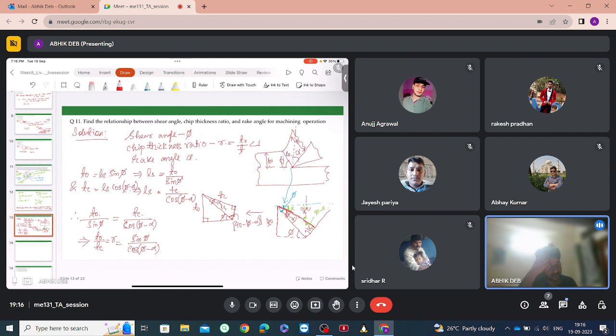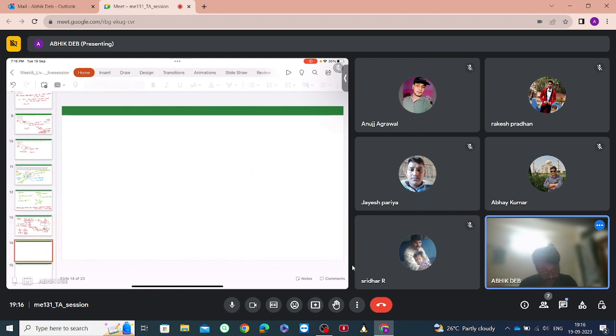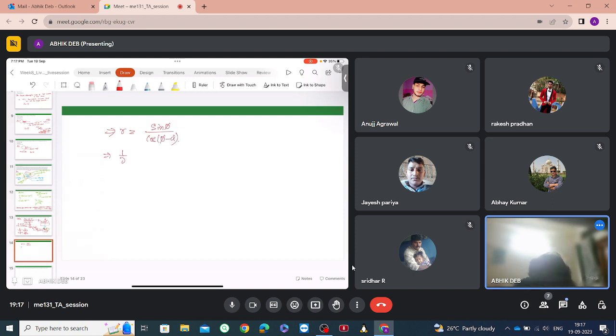We can further simplify this to find the shear angle. How to do so? See, we have got r is equal to sin phi by cos of phi minus alpha. So let us take a reciprocal of this.